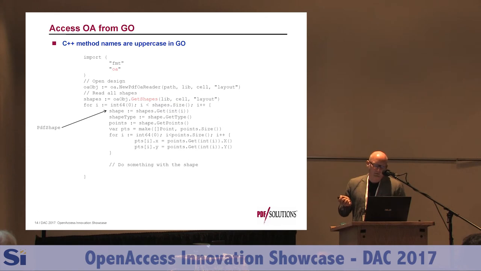And then I simply call this getShapes function to get all the shapes, and then I can iterate through them. I can access data like the points and so forth. So really simple in this sense.